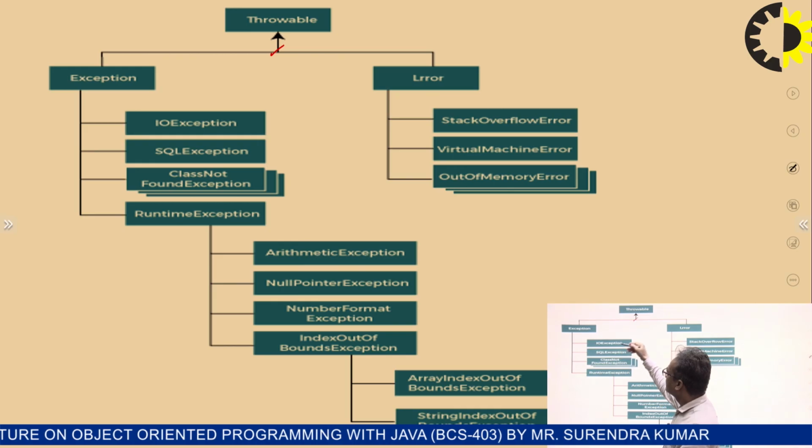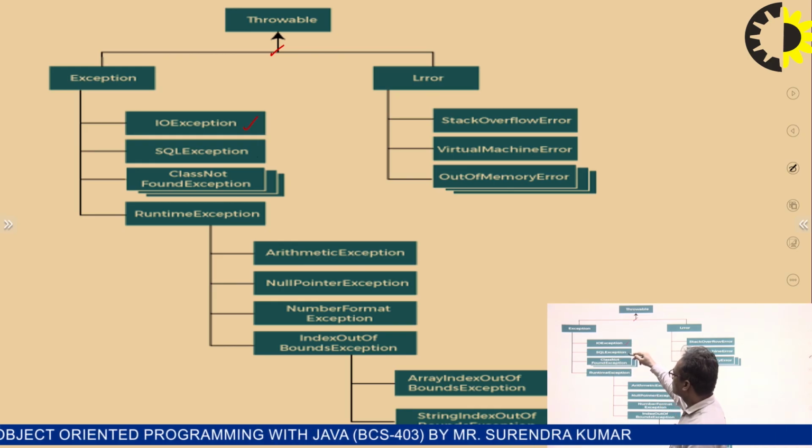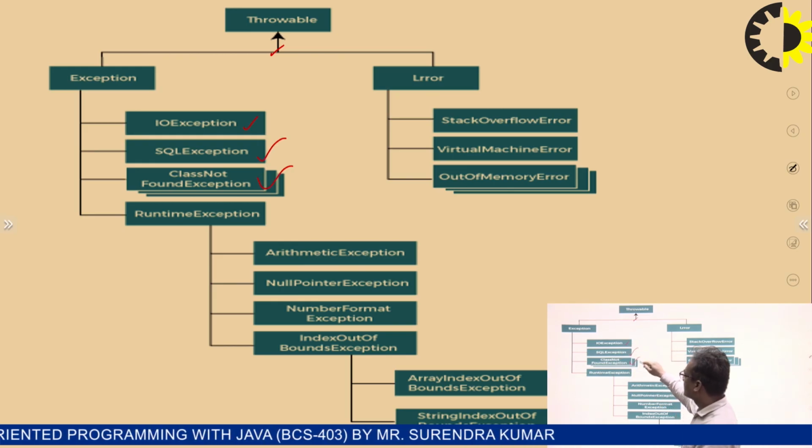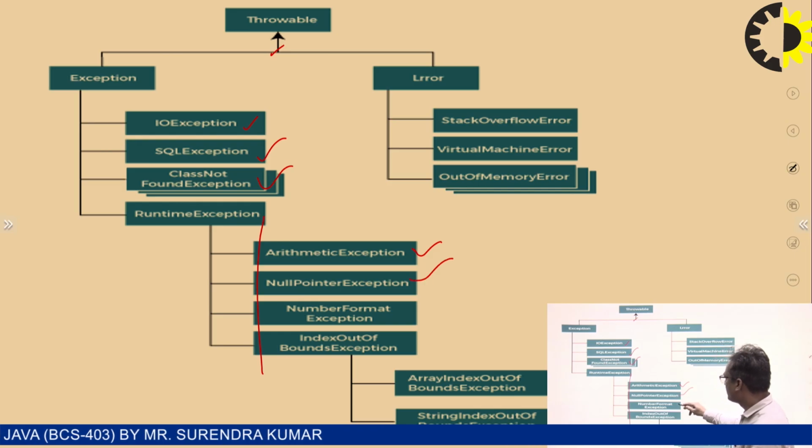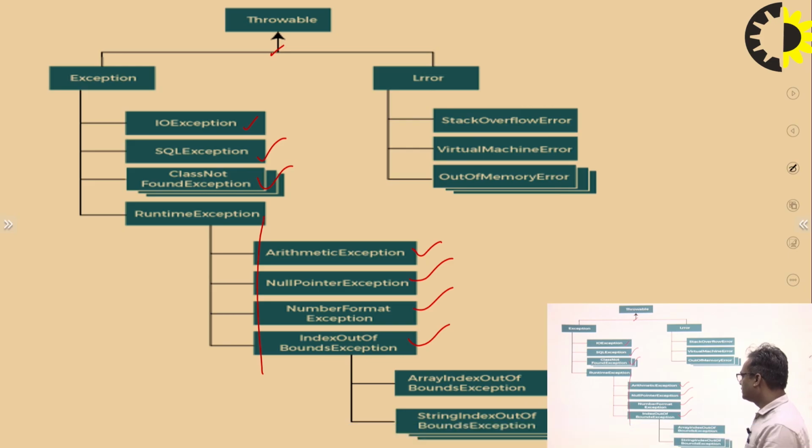Exception contains IO exceptions, SQL exceptions, class not found exceptions, and runtime exception contains these four: arithmetic exception, null pointer exception, number format exception, and index out of bound exception. That may be array index out of bound, or string index out of bound exception. I have given all the examples of these kinds of exceptions in the previous discussion.